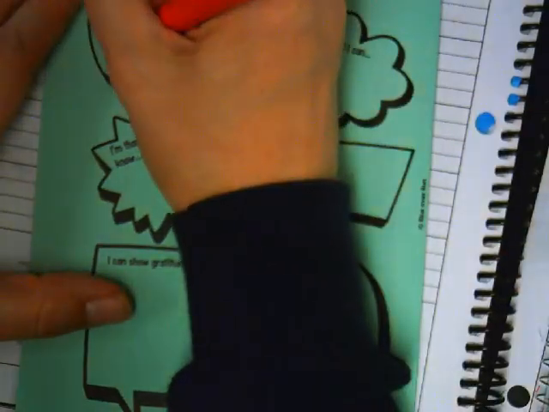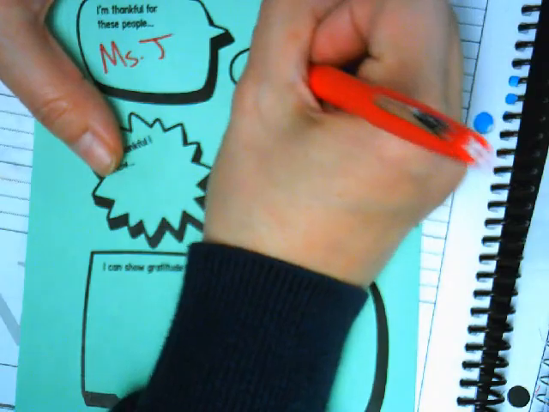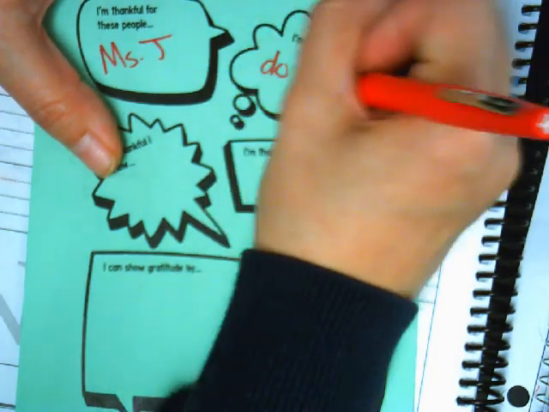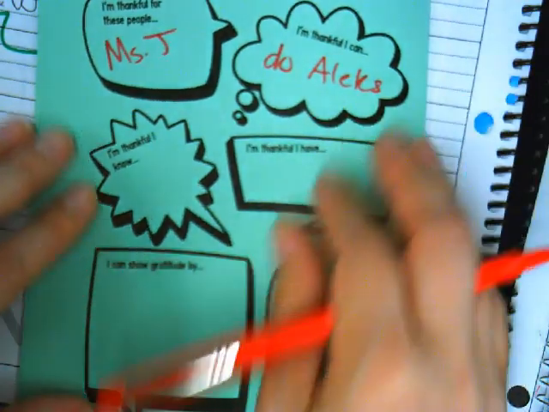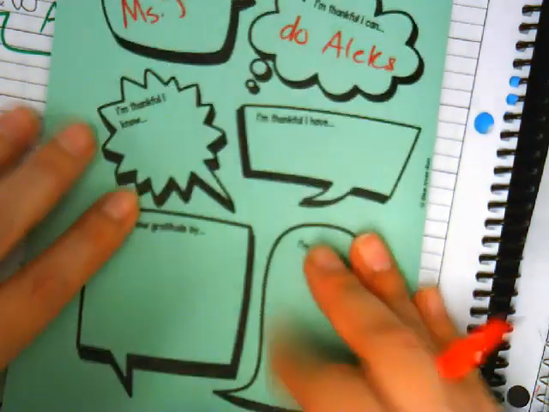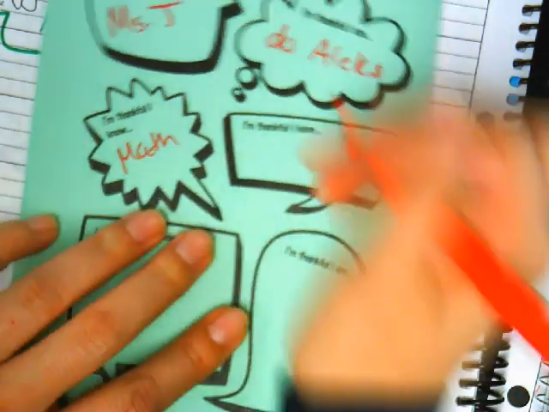And then the last part, which is the most important part. Thankful thoughts. I am thankful for these people. Oh, everyone. Miss J. I'm thankful I can do Alex. I'm thankful I know math. I am thankful I have math homework.